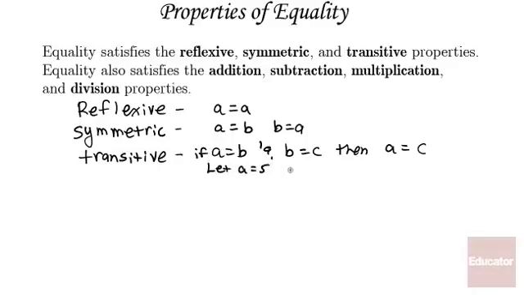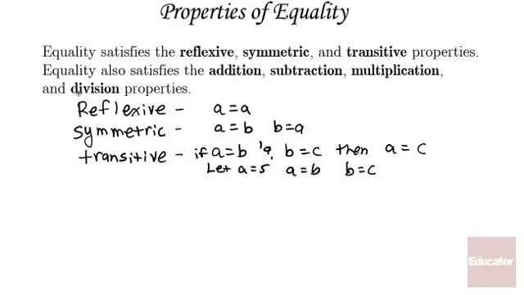Well, if I told you that a equals b, then the only way it's going to equal b is if b is also 5. So b must be 5. And then if I went on and said, okay, well, b equals c, if that's 5, then c must also be 5. So I go back, if a, then 5 equals 5, or a equals c. It just follows through.